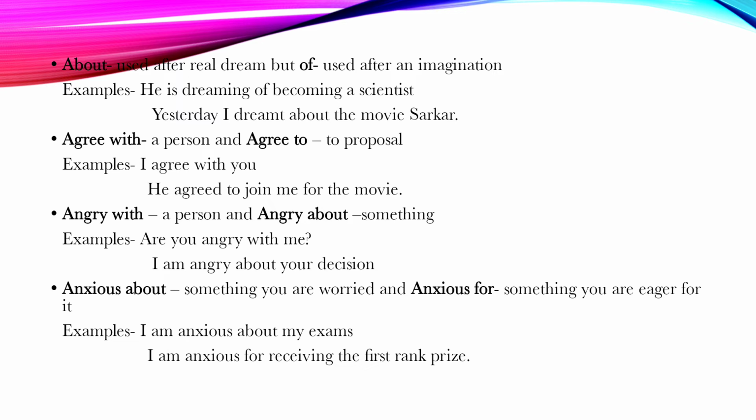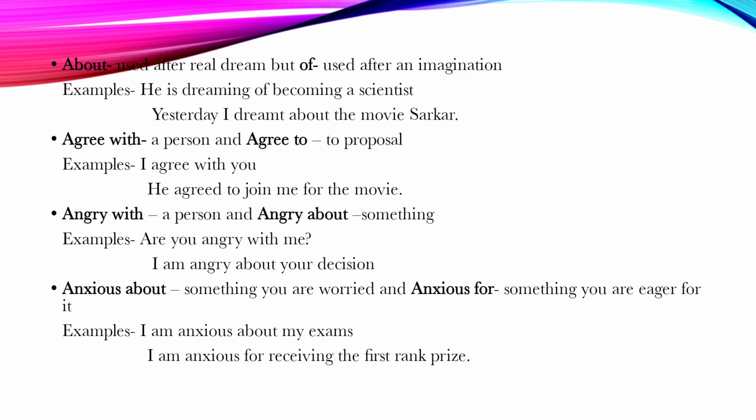Now, agree with and agree to. We will always say that if you are agreeing with a person, we say I agree with this person. And if you are agreeing with a concept or an idea, you can say I agree to. Now see the example. I agree with you.